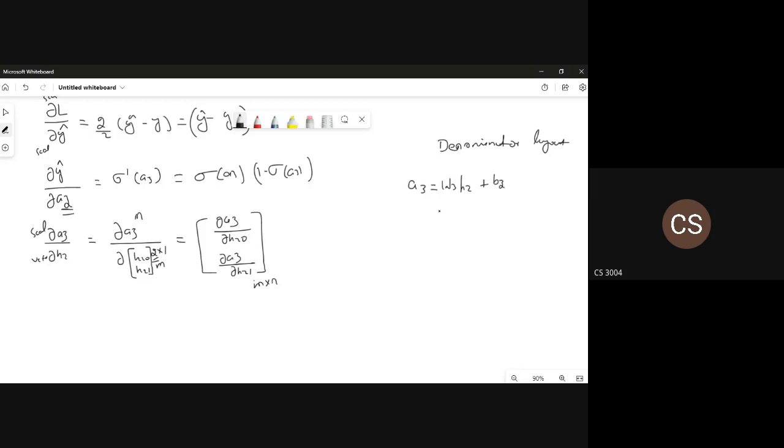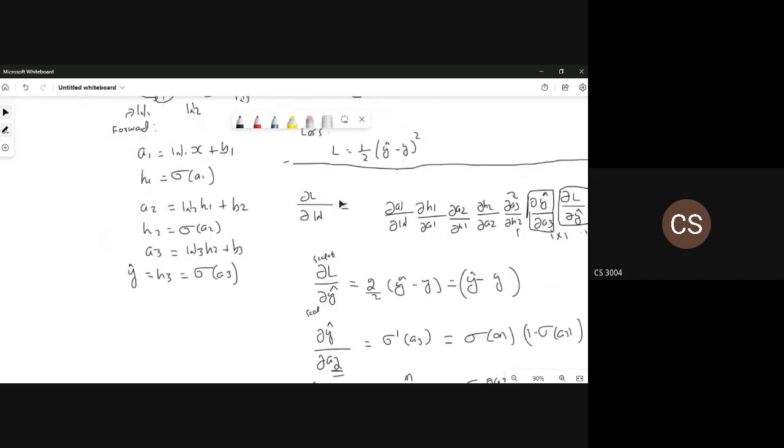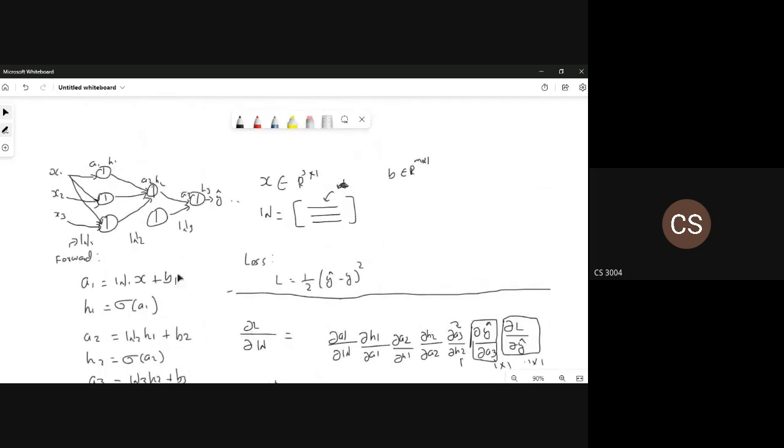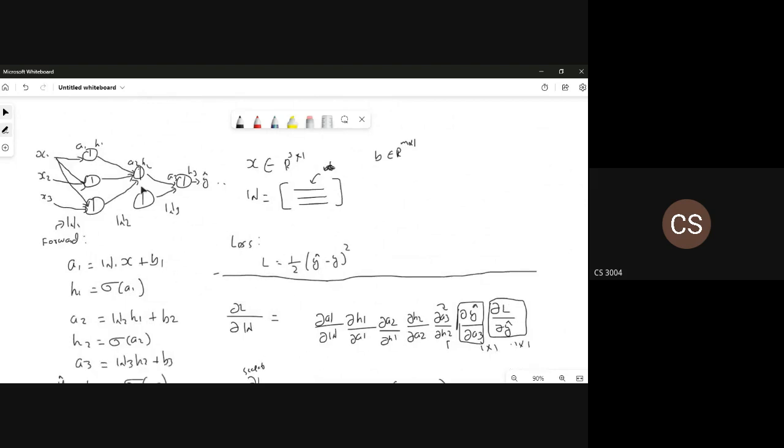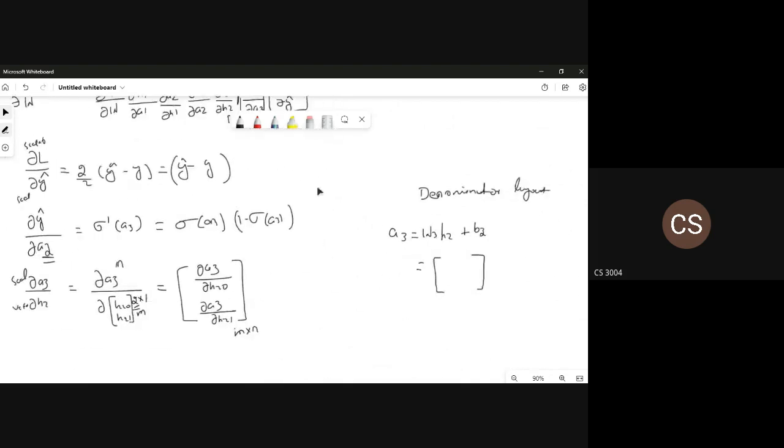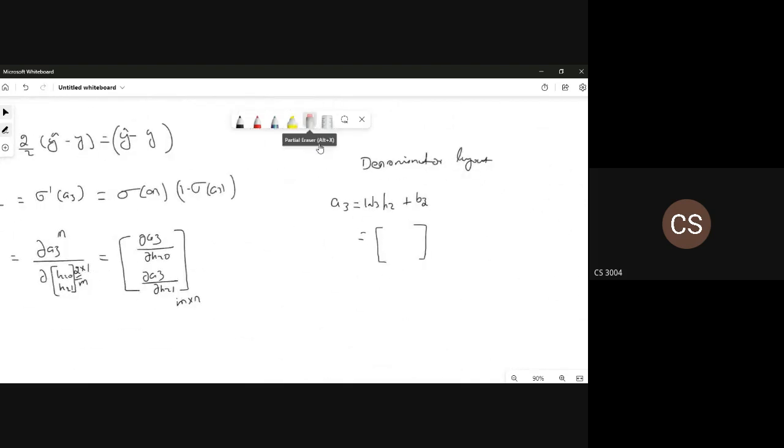Okay, so if you think about this, we have W3. How many neurons do we have there? It's very simple. We have only two weights, W30 and W31.